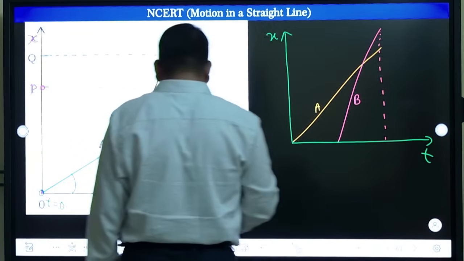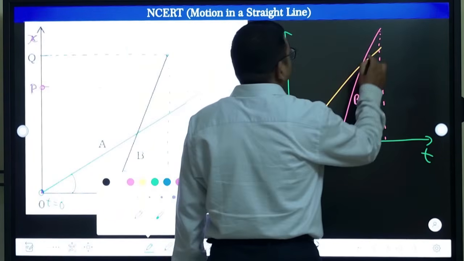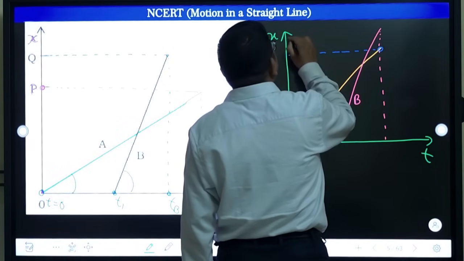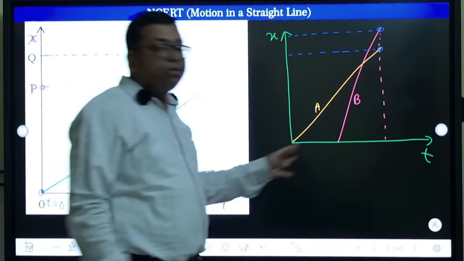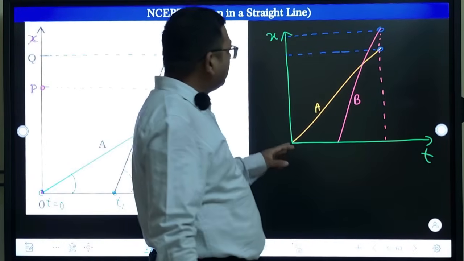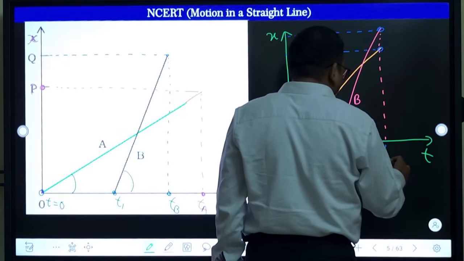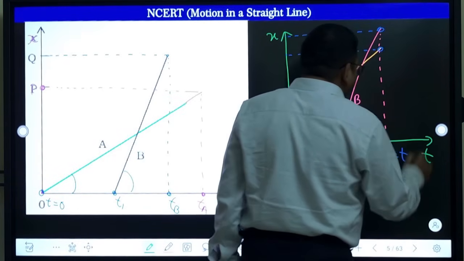Clear? And you can note this point where they have reached their home. If this type of graph is there, definitely they are reaching at the same time. The time for A and the time for B to reach here is going to be the same.